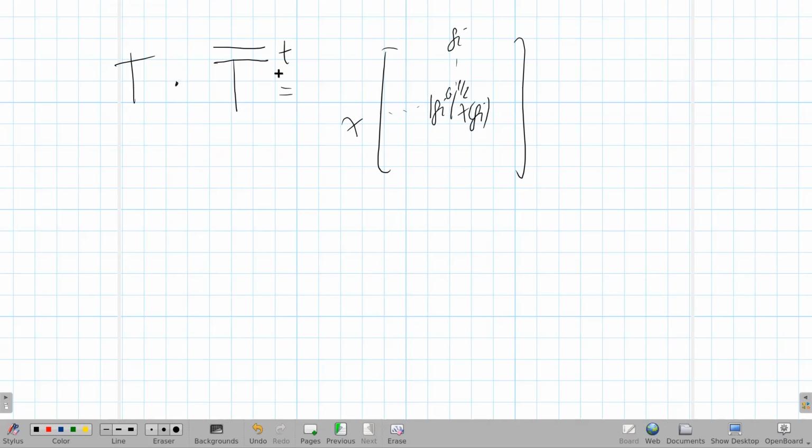And then if you consider the conjugate transpose, we have exchanged the two things. So I write g_i here, otherwise it looks like an extra term in the product.